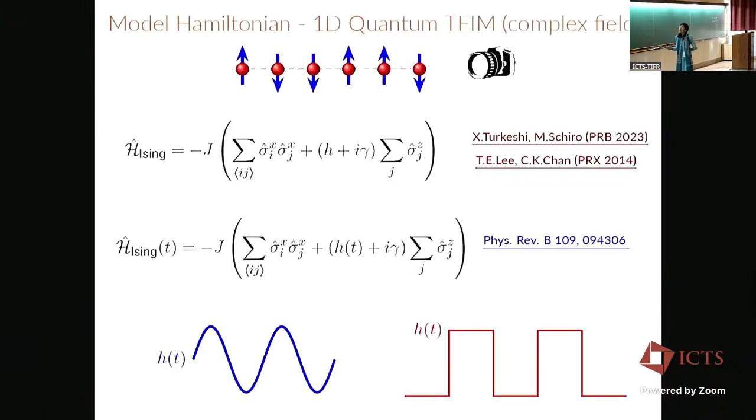For describing this kind of setup, we will consider a very simple model Hamiltonian, which is a transverse field Ising model. This is non-Hermitian because the transverse field is now a complex parameter in the system.